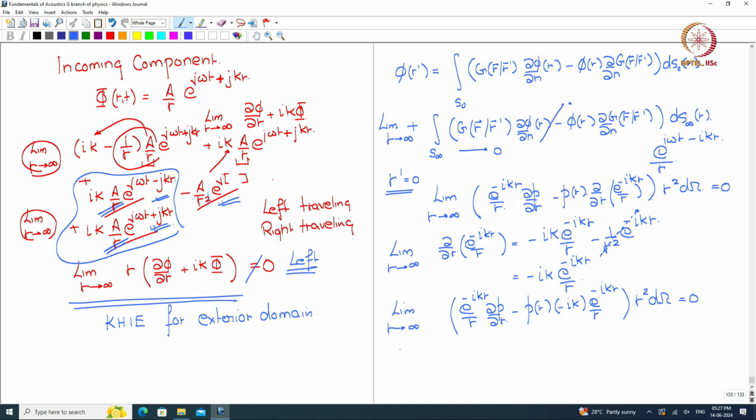Okay, then what happens? Limit r tending to infinity, r e to the power of minus i k r, del p by del r plus i k p. Okay, the integrand must be equal to 0.